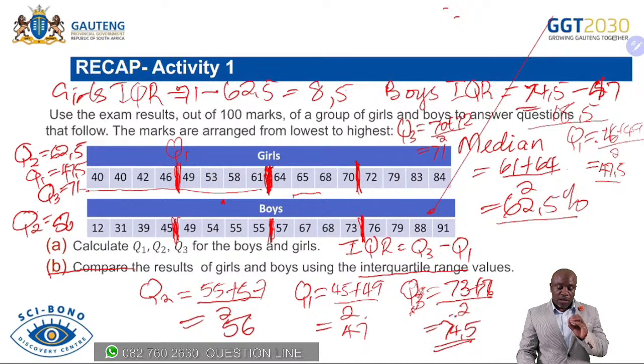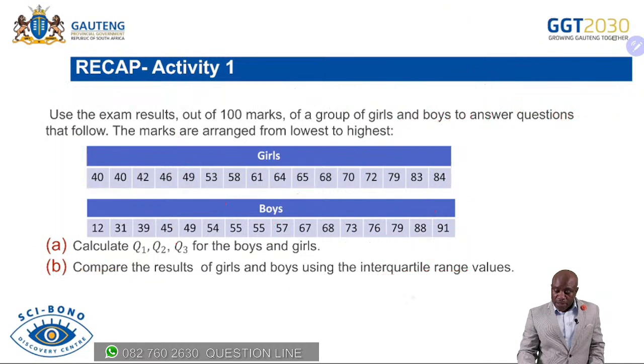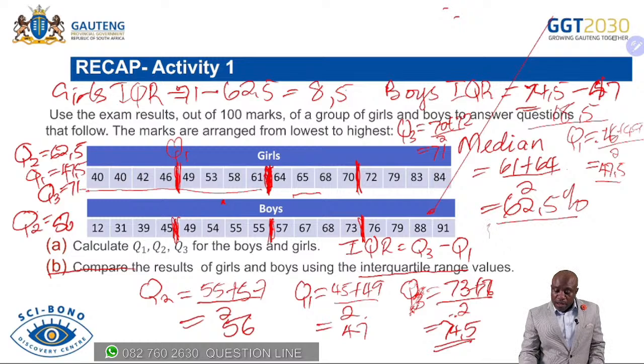Now, here is where you need to listen to me very carefully, because if we don't get this right, we will miss out on this one, and we will not interpret the question correctly. The boys have an interquartile range of 18.5, and the girls have an interquartile range of 8.5. Therefore, the performance of boys is inconsistent.